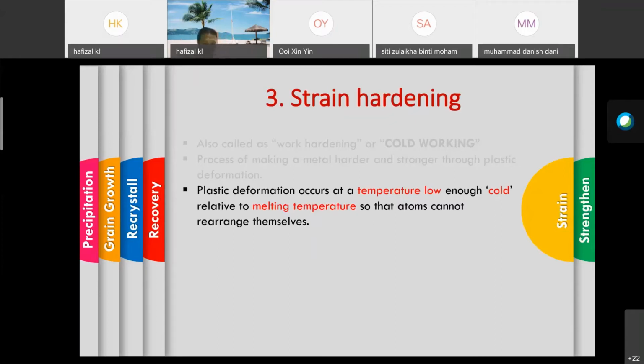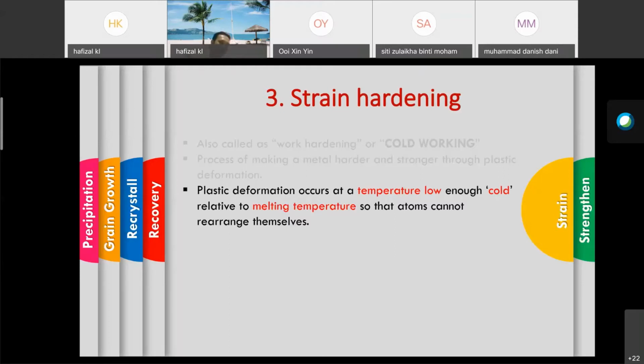Let's say we have a metal at room temperature and we want to bend it. We need extra force to bend it compared to metal at a higher temperature, which bends easily. Like when we make a keris, we put it in the furnace, and we can see the keris turn an orange color at higher temperature and bend easily.